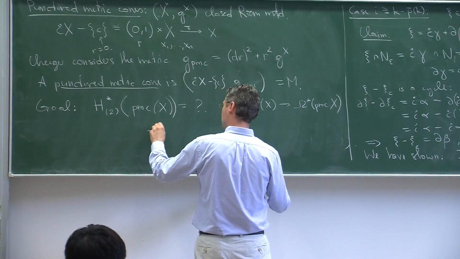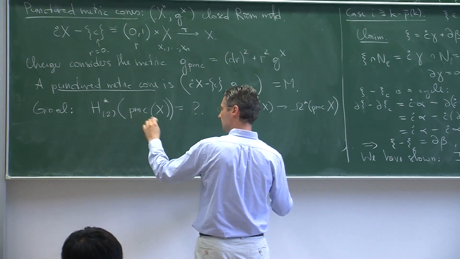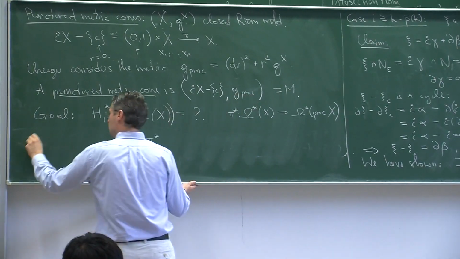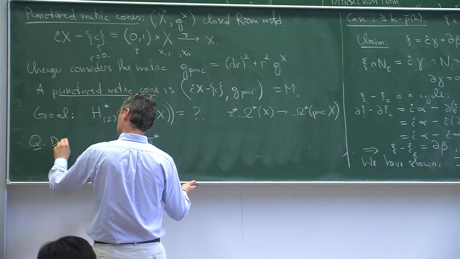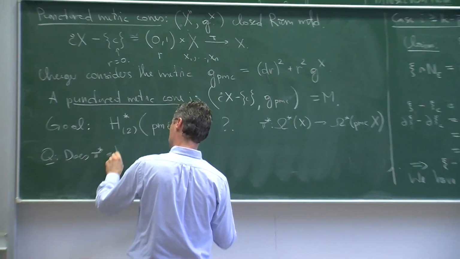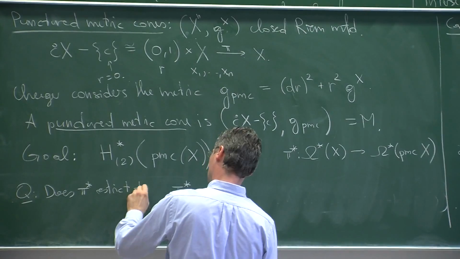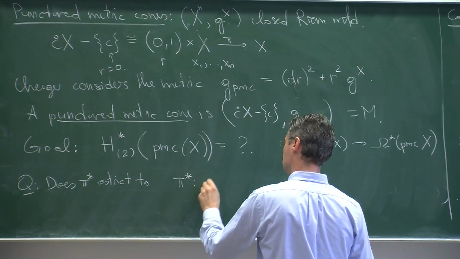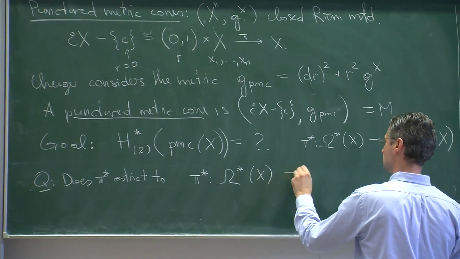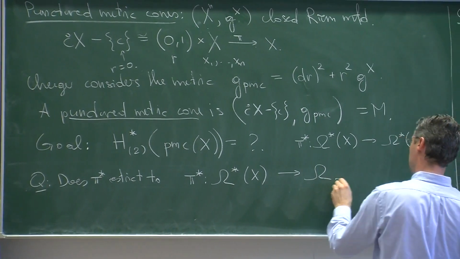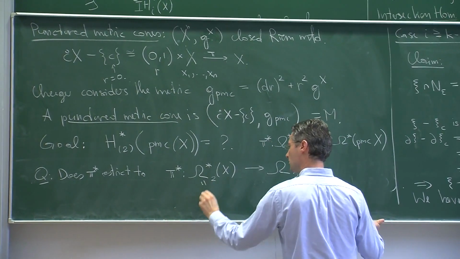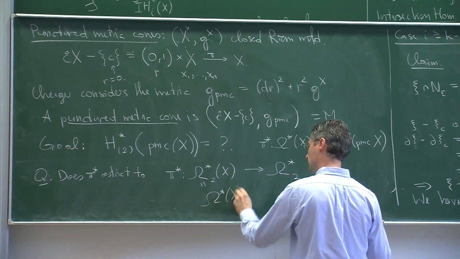So the first question we shall have to investigate in order to understand this is: does pi star restrict to a map into L2 forms? I might as well write 2 here, but this is of course the same since X is compact.